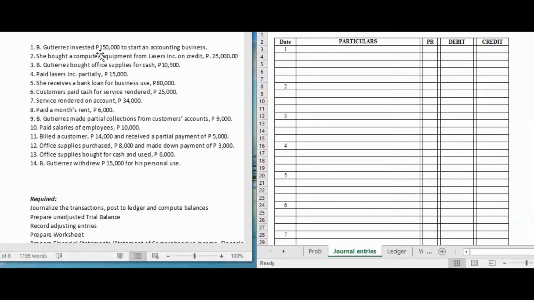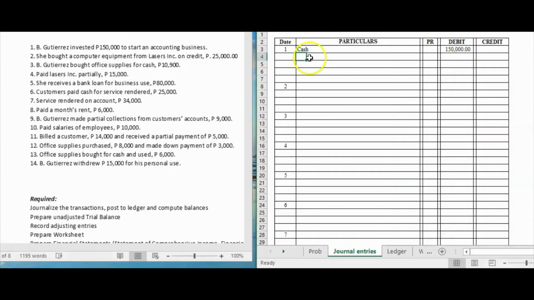So in this transaction, si owner, binigyan tayo ng 150,000 to open up a business. So since that is 150,000 in cash, mag-debit tayo ng 150,000 na cash.